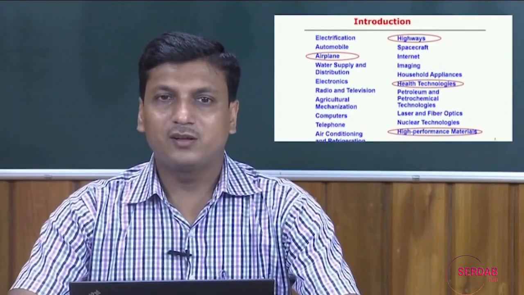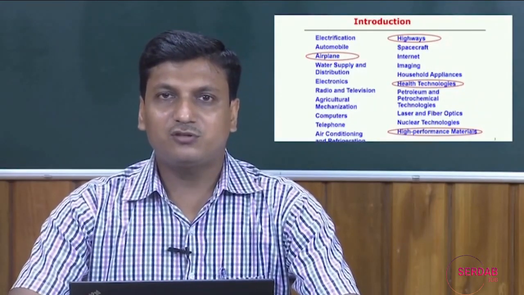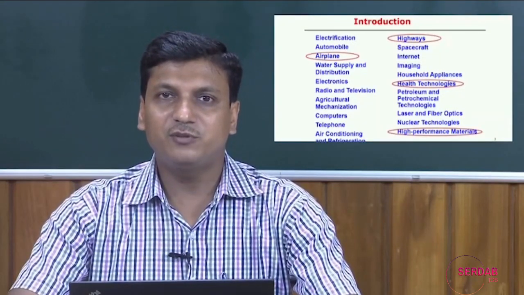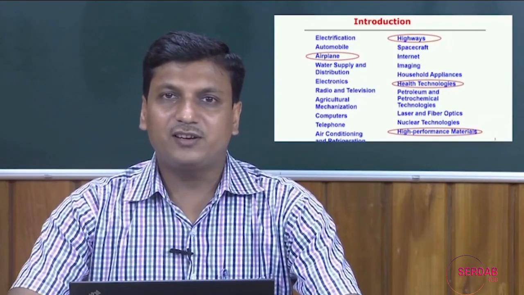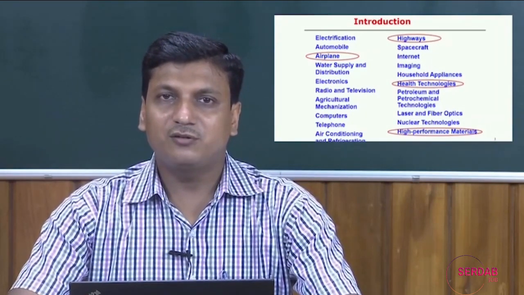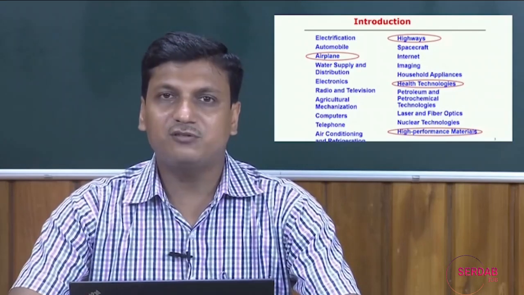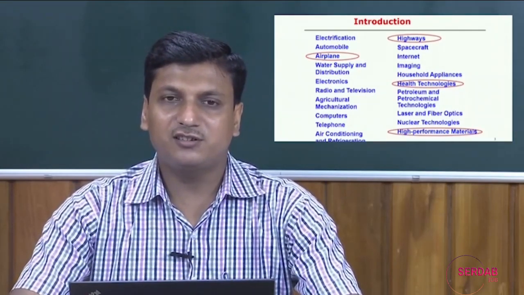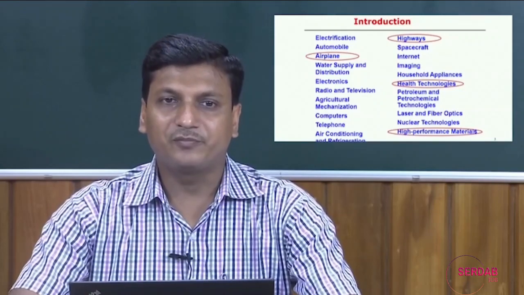If we see almost all sectors of the industry, there is a need for joining of materials, that can be done either by fusing of the metals or maybe using some adhesives or some other joining techniques. If we see, I have listed some of the application areas.